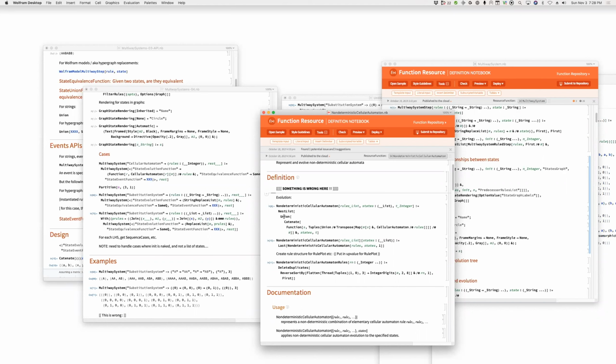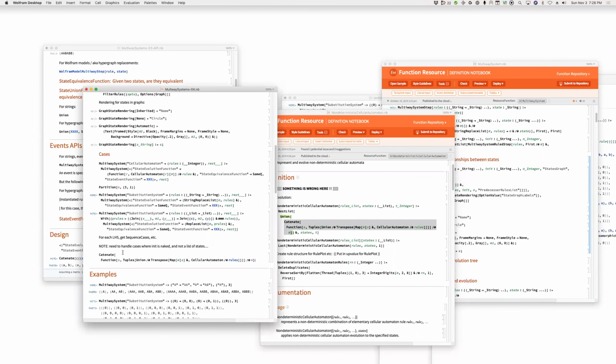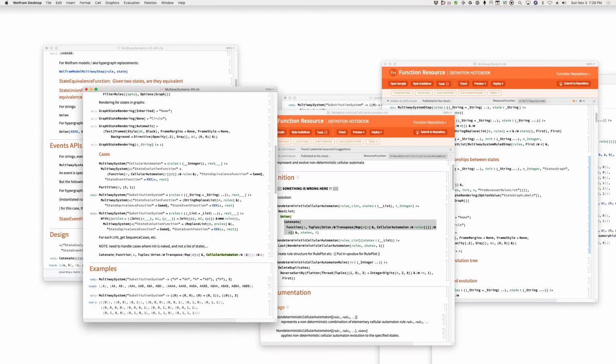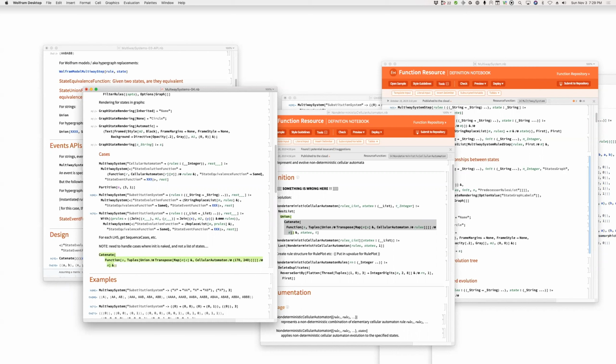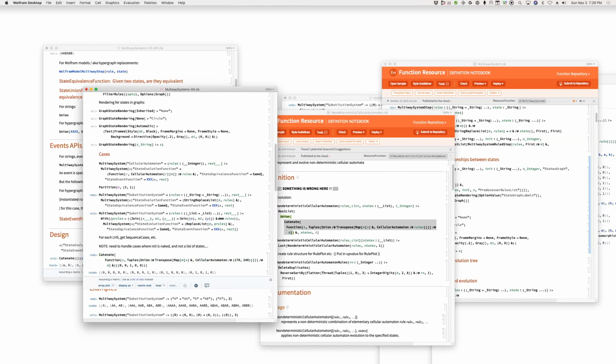Okay. I don't know what that union is doing. So let's just do rules 170, 240 here. Okay, look at what that did. Did that do the right thing or not?